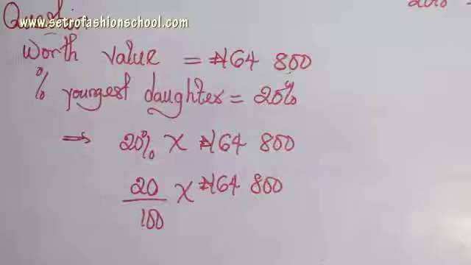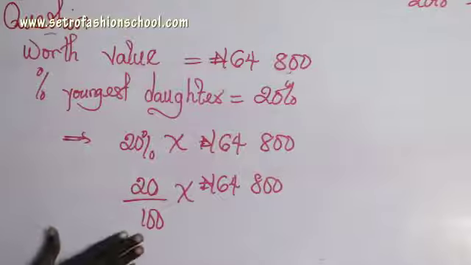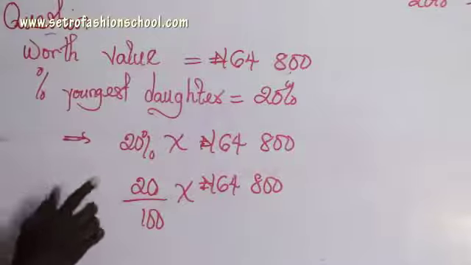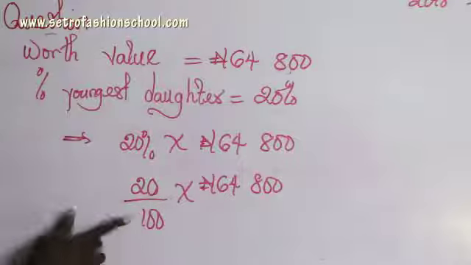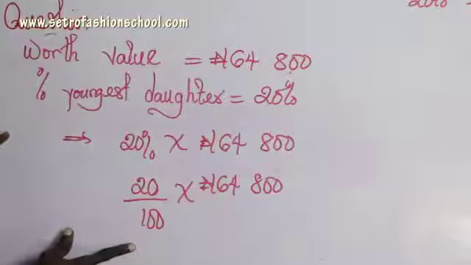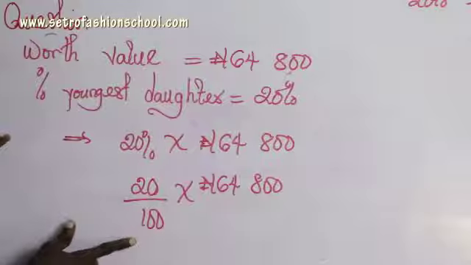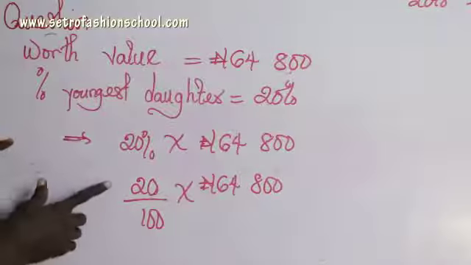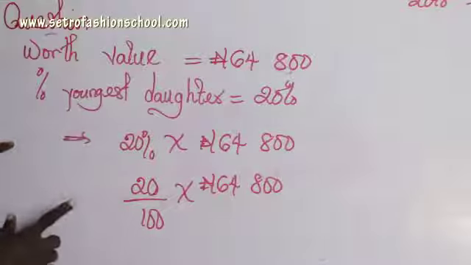Just remember the technique of your common factors. If we check this, what is the common factor? Just ask yourself, can I have a common factor between 20 and 100? If you can, then the number you thought of is the right number.